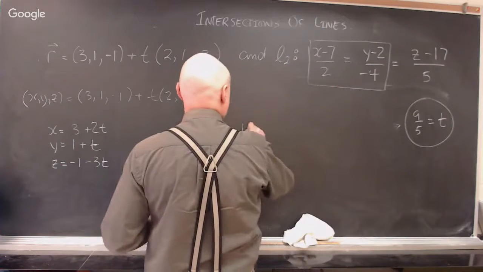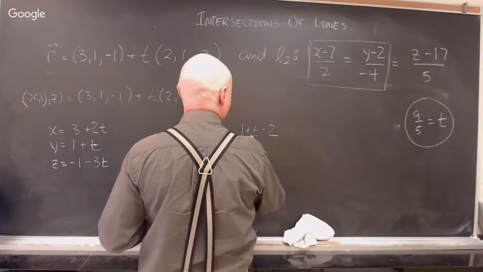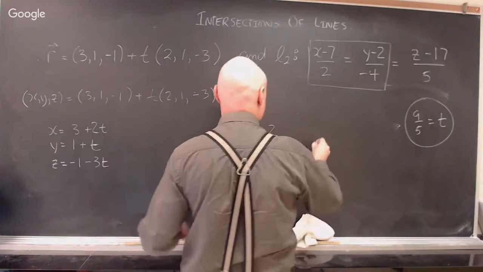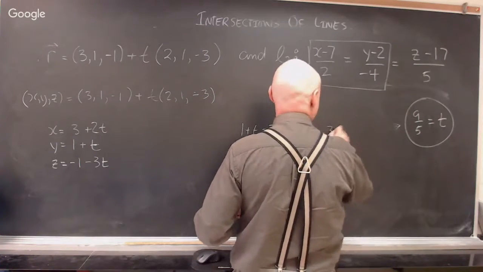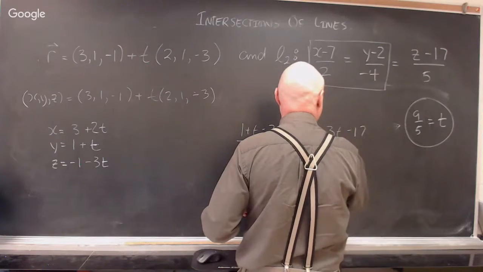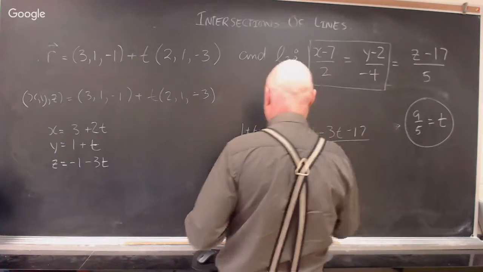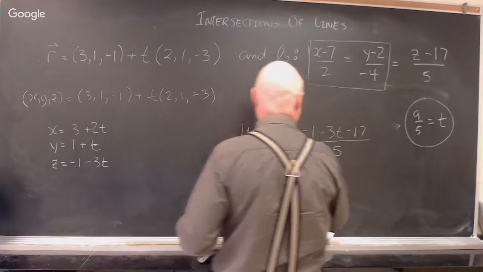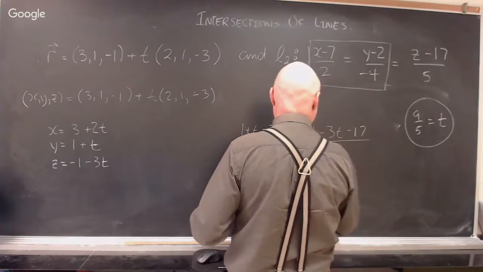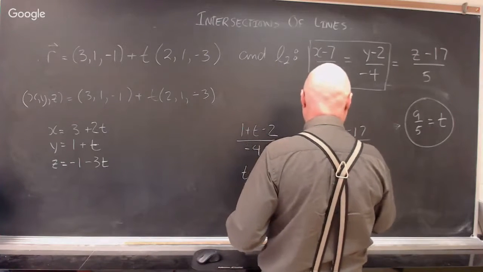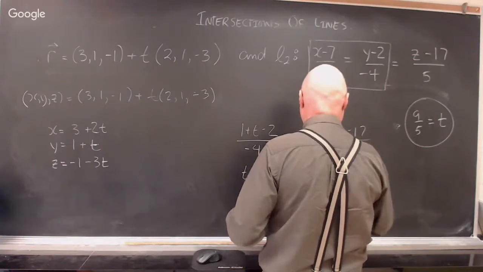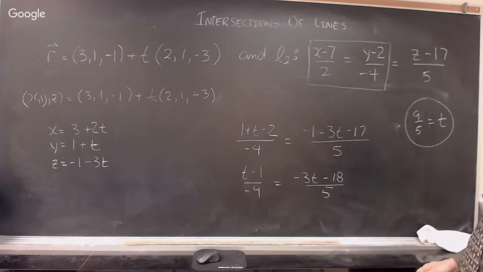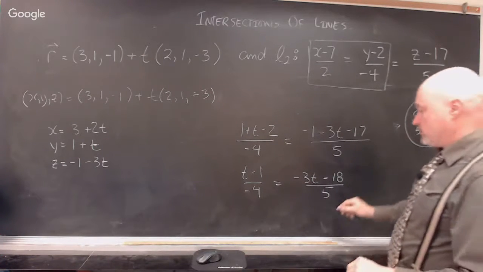So Y is 1 plus T, minus 2 over -4. And if I do the substitution for Z, -1 minus 3T minus 17 over 5. So this is T minus 1 over -4, and this is -3T minus 18 over 5. Now I'm all ready to do my cross multiplication.